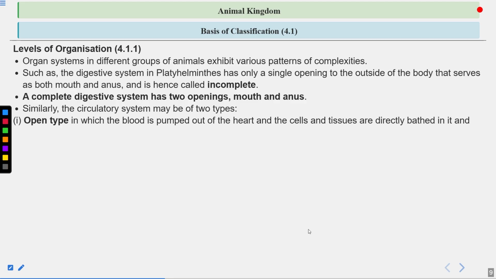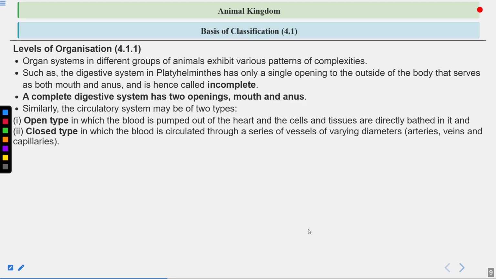To pump blood so that it can reach every corner, every organ of the body, right? Here the blood is pumped from the heart and poured all over the cells and tissues. It means the organs and the cells are bathed in the blood, right? So this is the open type of circulatory system.